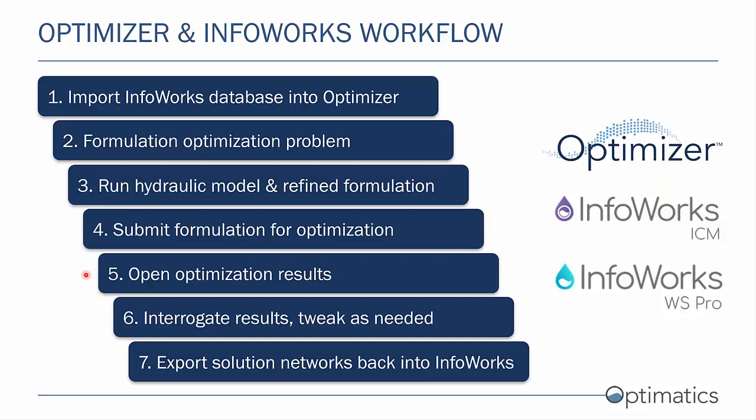The fifth step is to open those optimization results, interrogate them, and tweak as needed. There's likely some iteration as you might want to refine the formulation. And at any time, we're able to export solutions back into WS Pro to view them with all the visualization functionality that WS Pro has. So you can push that strategy back in to view when you're ready to look at it.